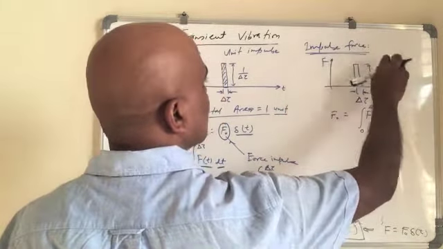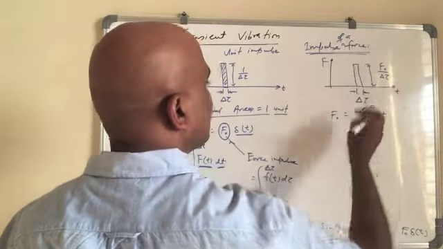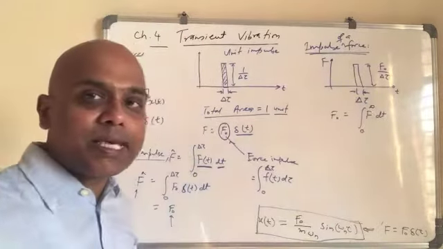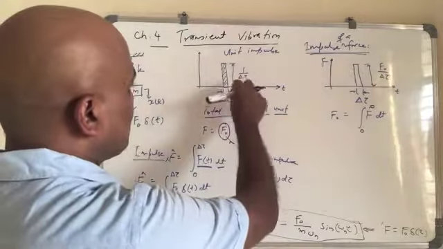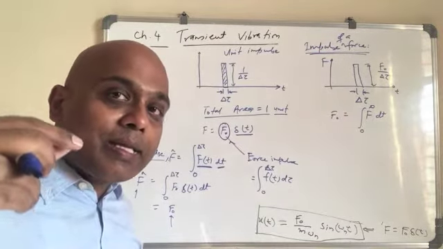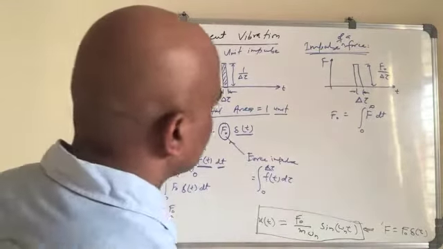This impulse of a force is the integration of force multiplied by dt. Of course, in this case, this is acting for a very small time, because the direct delta function representation shows that it is acting for a very small time duration.